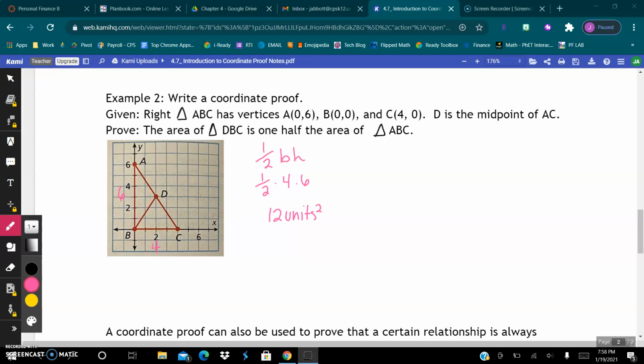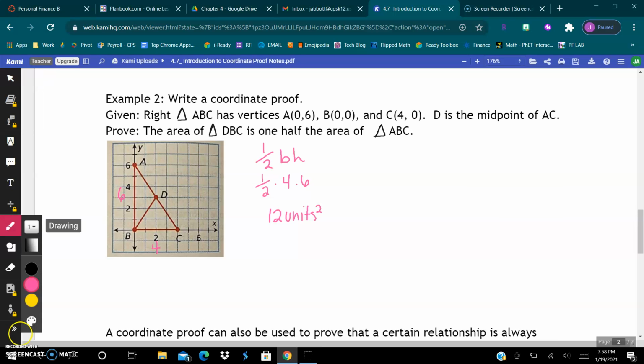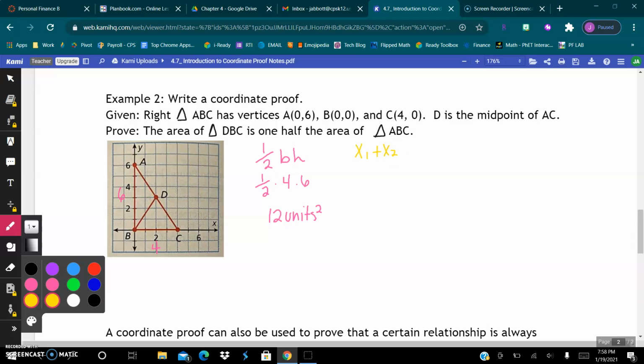So remember, the midpoint formula is x1 plus x2 divided by 2. And then our y is y1 plus y2 divided by 2. So we're looking at A and C. So those ordered pairs would be over 0 up 6, and this one would be over 4 up 0.